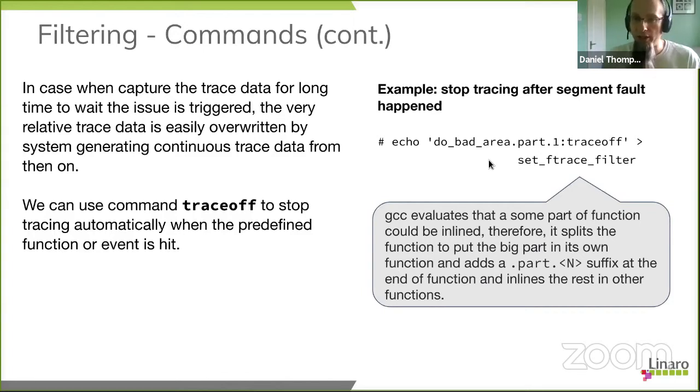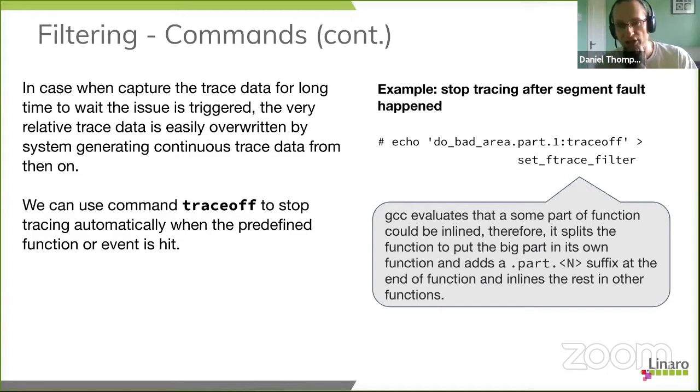One thing that's going on there is you can see this do_bad_area.part.1. This is a consequence of something called partial inlining. So when we are working with ftrace, we aren't working with full C symbols. We're working with what the compiler put into the kernel. So inline functions you can't trace because they don't exist as far as the kernel is concerned if they were inlined.